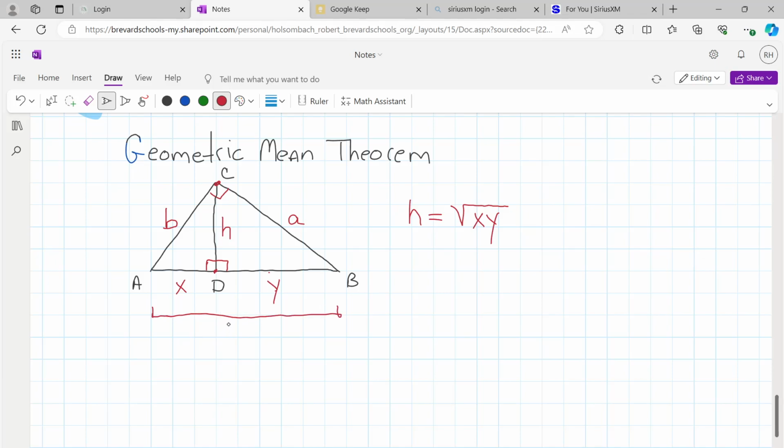We're going to call this lowercase c. What we're going to say now is the length of A is equal to the square root of y times c.